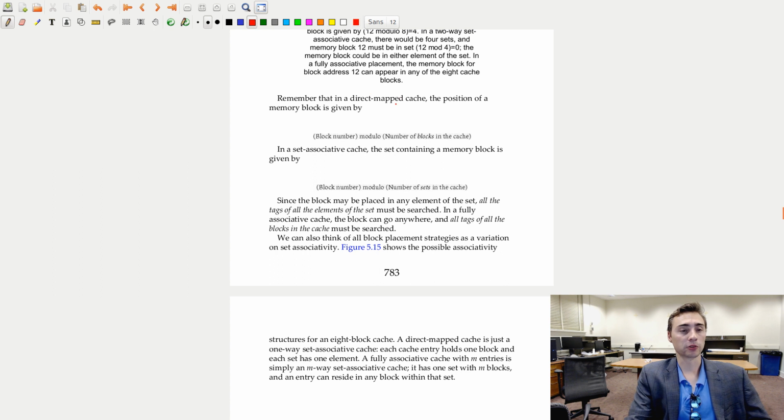Remember that for a direct map cache, the position of the memory block is given by the block number mod the number of blocks in the cache.